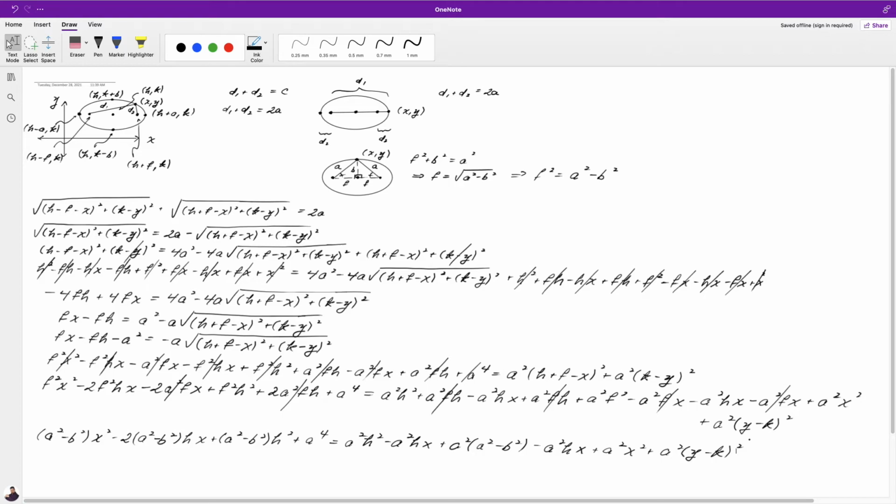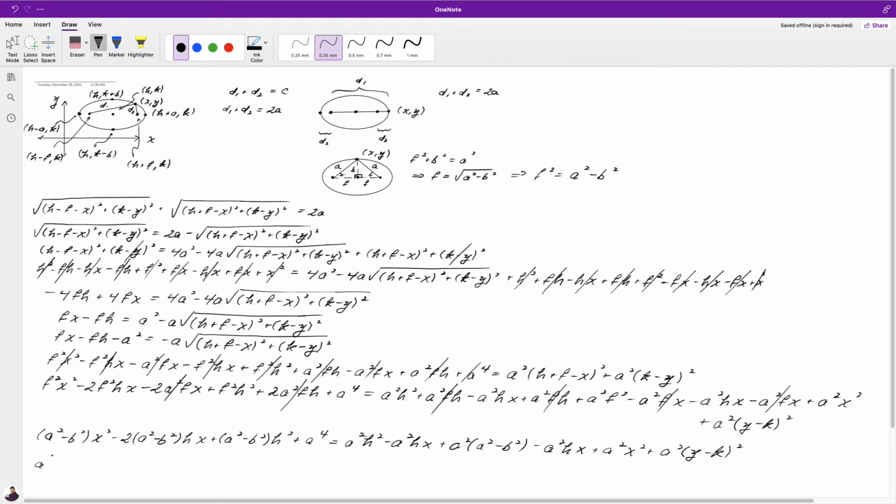We got a couple of negative a squared hx terms that should have been combined to make negative 2a squared hx. That's okay. We're going to do that in the next step. It's looking good. Let's go ahead and now distribute. Here we go.